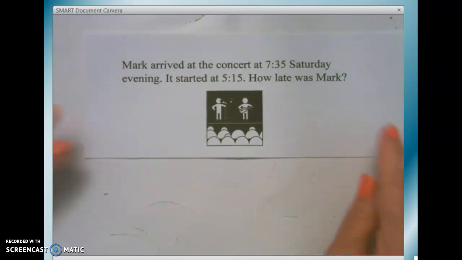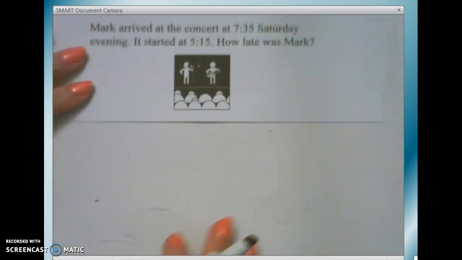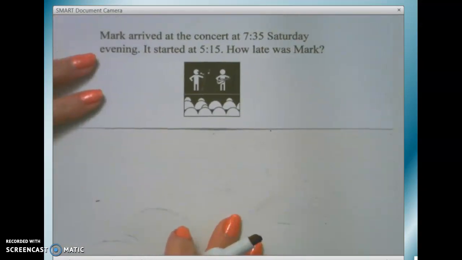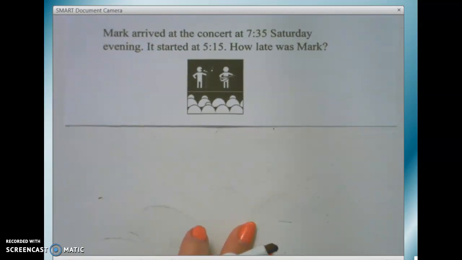So we're going to use a timeline. That's usually the best strategy for fourth graders to use to figure out how much time has elapsed from the start of an event to the end of an event. Now, do we have the start of the event? We do. We have the start time for his event.